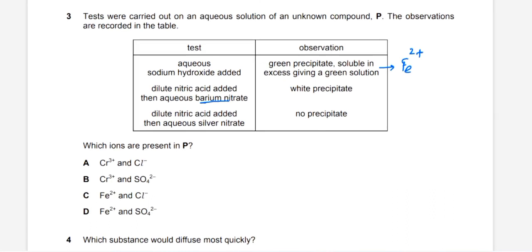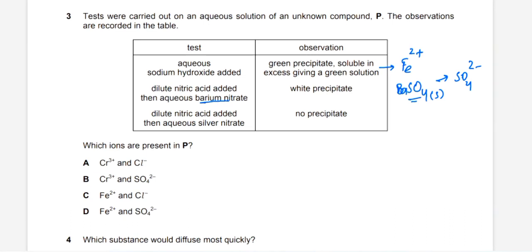So the barium nitrate reacts and a white precipitate is formed. Which anion makes a white precipitate with barium? It should be barium sulfate. Barium sulfate is insoluble, so it confirms SO4 2-.